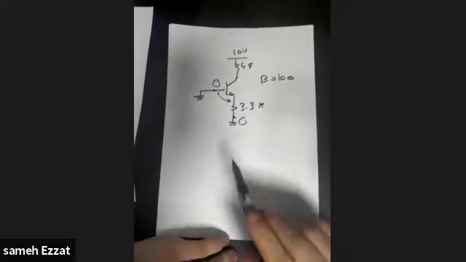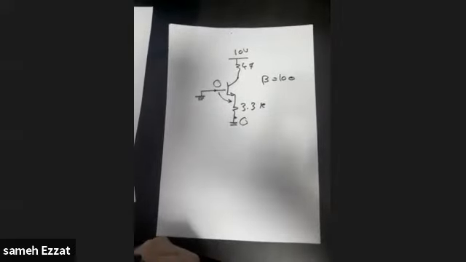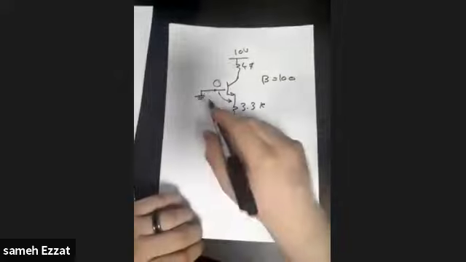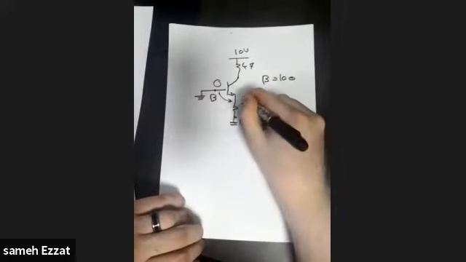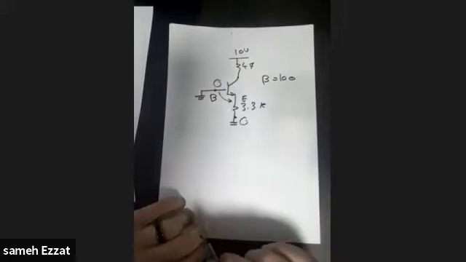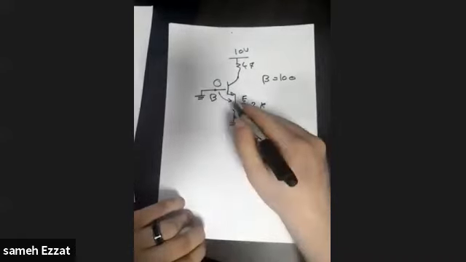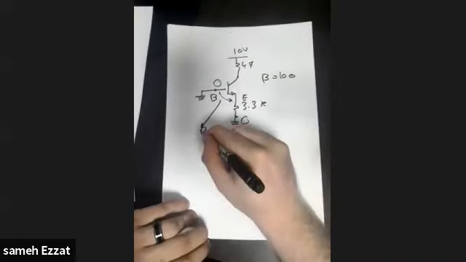So this is 0 and this is 0, which means that by default, this base emitter junction is not in an active mode. This is not a forward bias. I mean, this is a reverse bias junction.